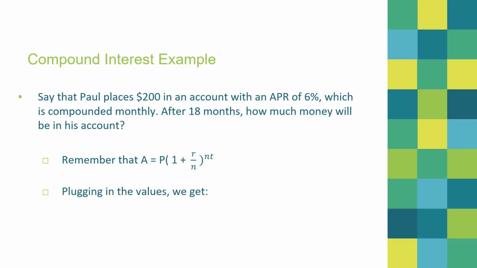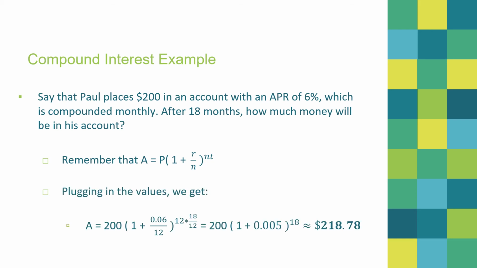So we plug in our values, we get 1 plus 0.06 over 12 to the power of 12 times 18 over 12. And yeah, I know that looks messy. That simplifies a little bit to 200 times 1 plus 0.005 to the power of 18, which again, this should all be plugged into a calculator and not done by hand.